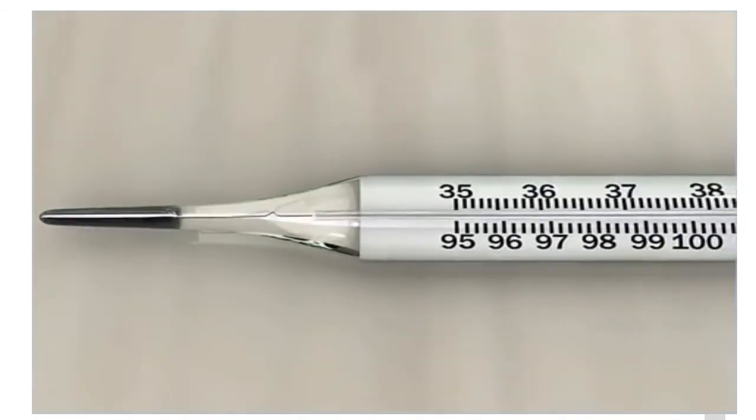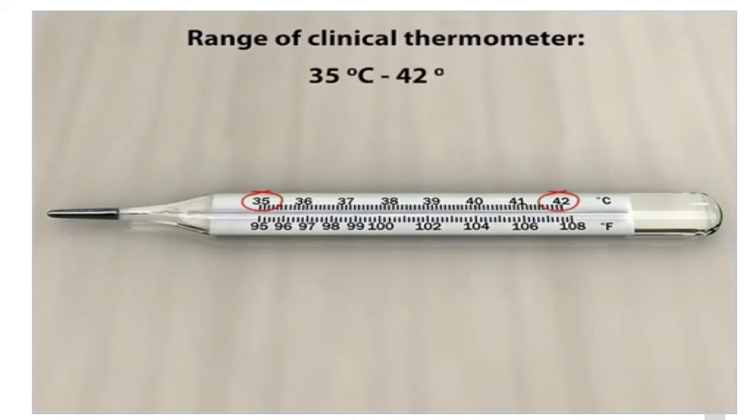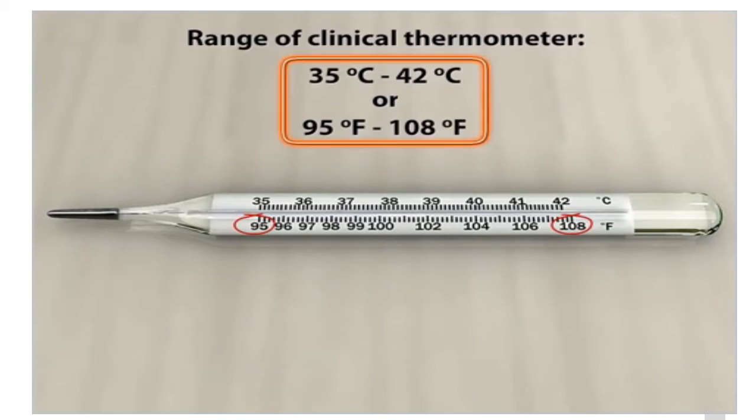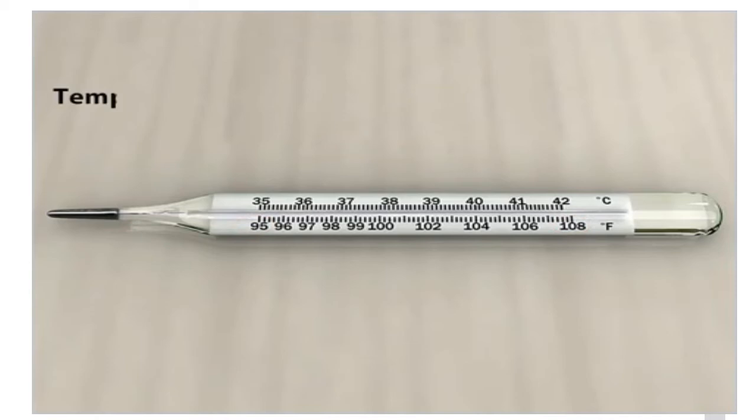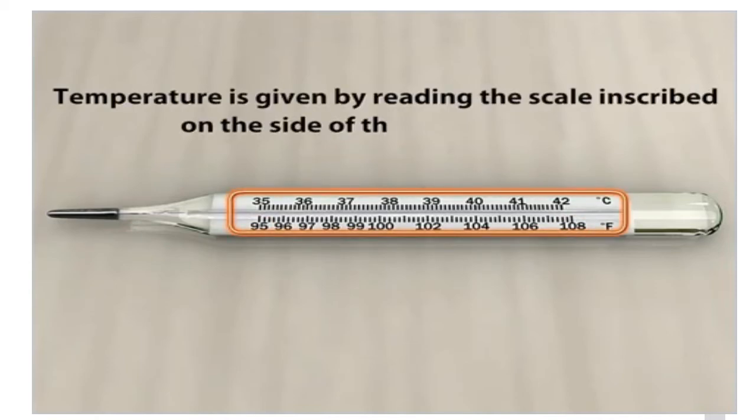A clinical thermometer can measure temperature ranging from 35 degrees Celsius to 42 degrees Celsius or 95 degrees Fahrenheit to 108 degrees Fahrenheit. That's a pretty small range. You can get the temperature by reading the scale inscribed on the side of the thermometer.